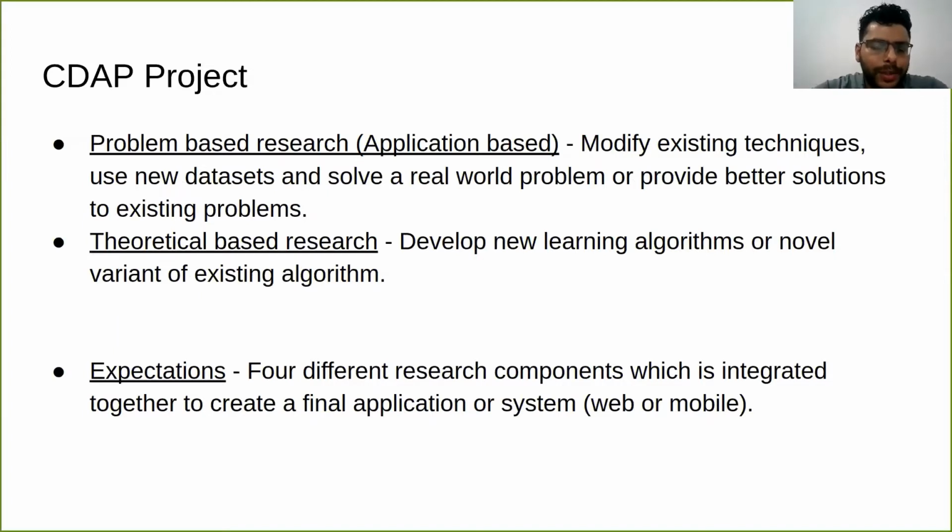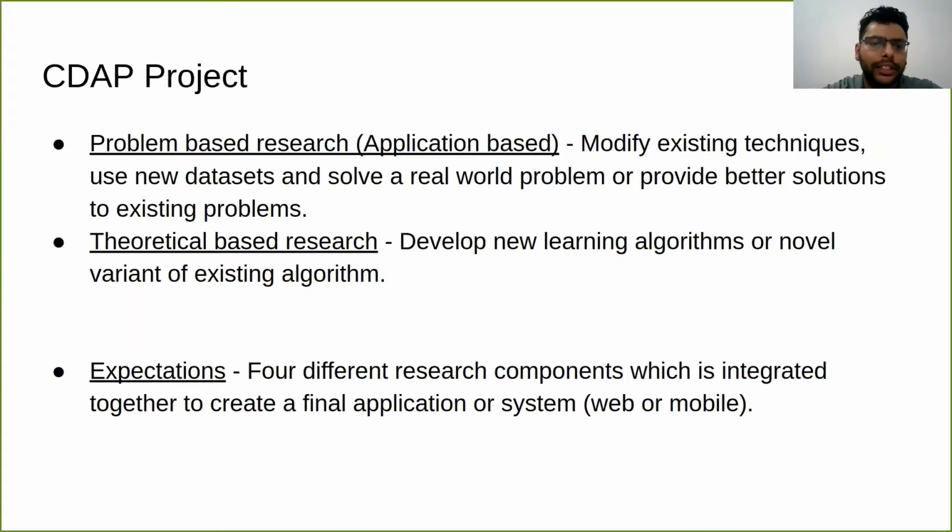Now the main question is how to find ideas for the SLIIT project. Some of you might have already found ideas, or some of you might be looking for ideas. There are basically two ways that we can look to find a research idea.